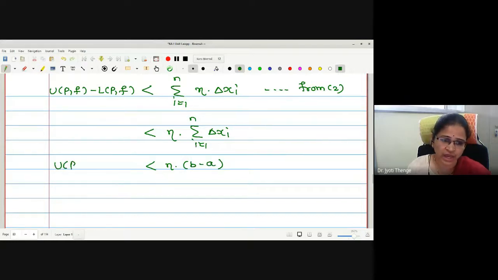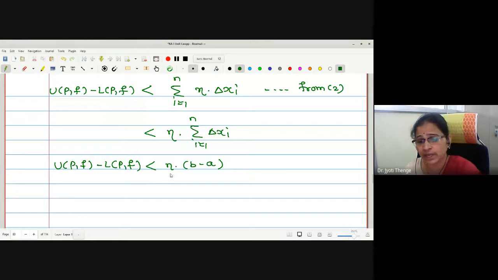Therefore, we have come up to this step: UPF minus LPF is less than this term. But the job is to show this is less than epsilon. Therefore, the selection of eta we will make in such a way that this product will be less than epsilon.